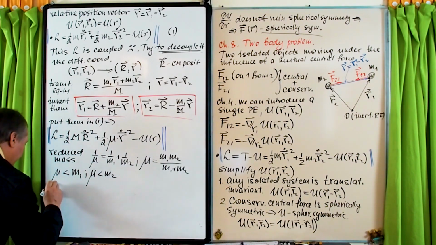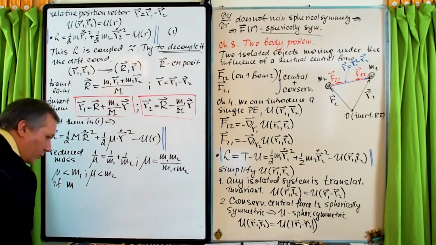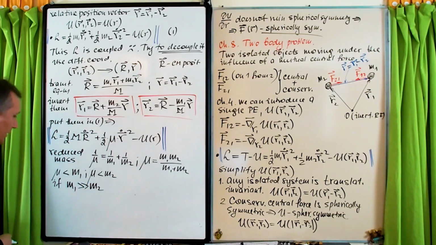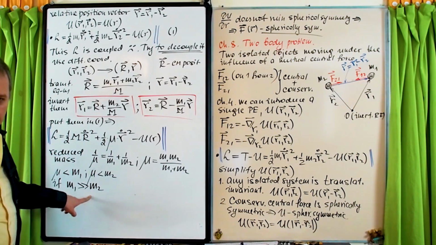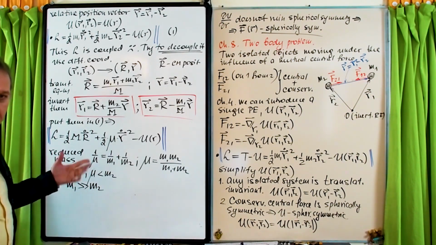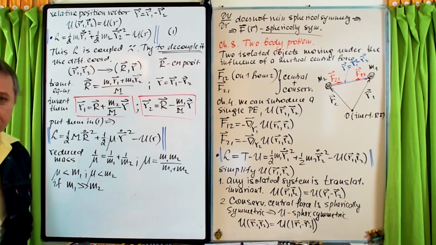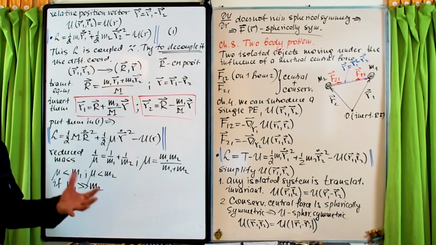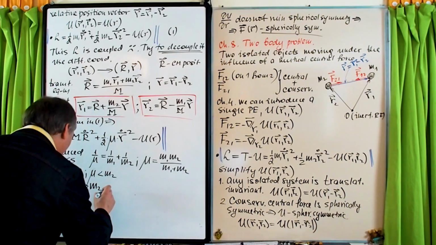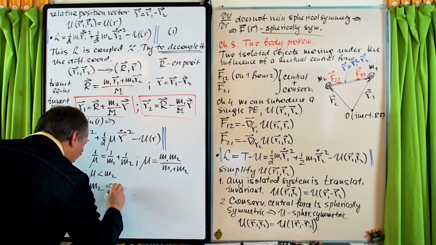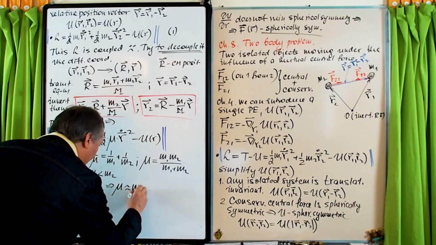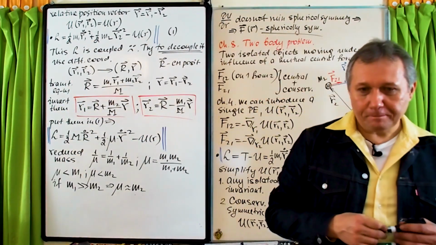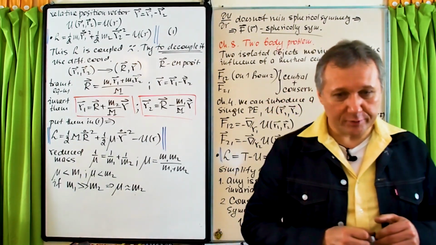Then if one of the masses, let's say m1, is much larger than m2, for example, this is the sun and this is the earth, or maybe this is the moon and this is the earth, in that case, reduced mass equals the mass of the one which has the smallest mass. So in this case, the reduced mass is approximately equal to m2. Since we introduced it, it's worth mentioning some properties of this reduced mass.